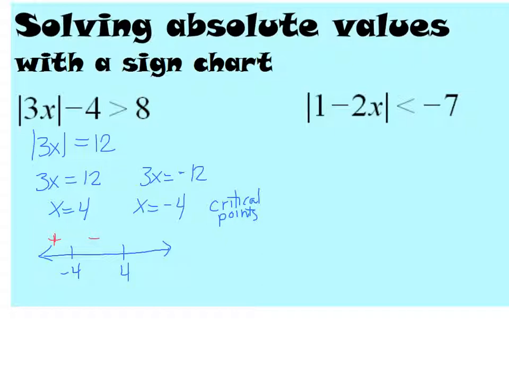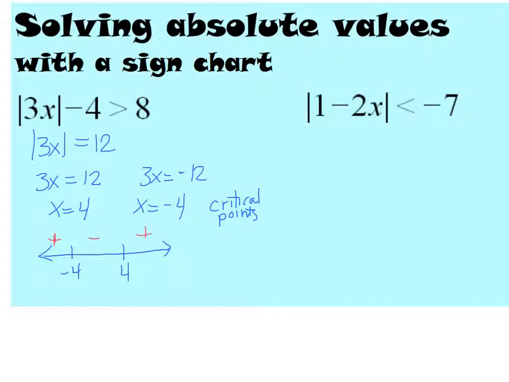So I'm going to put a little minus sign to show that that would not work. Okay, last one. Let's pick a number that's going to fall on this side of the critical number. Let's try 5. That would get me a 15. Absolute value of that is still 15. Minus 4 is 11. And yes, 11 is greater than 8. So that worked. So I put a plus sign.